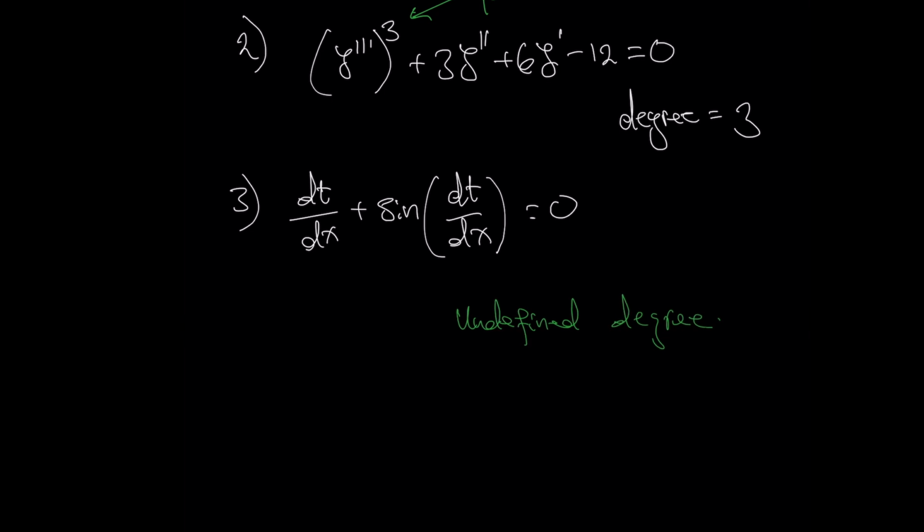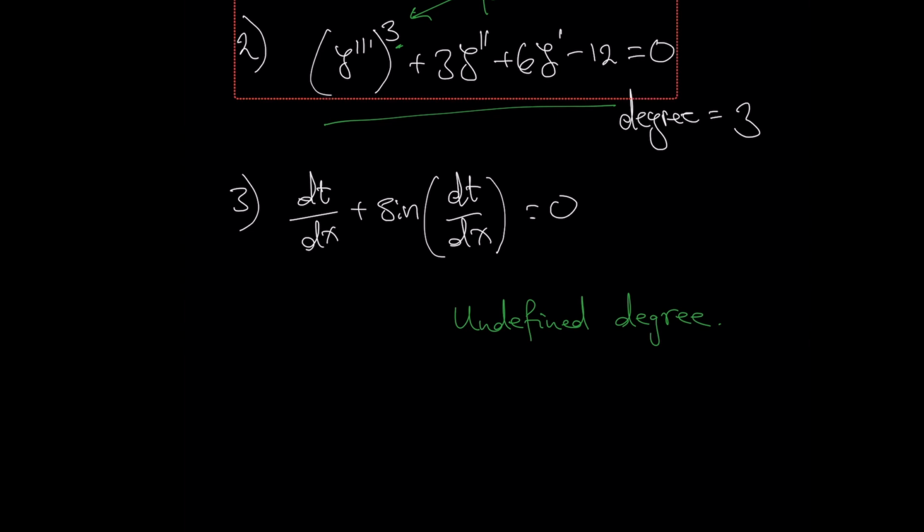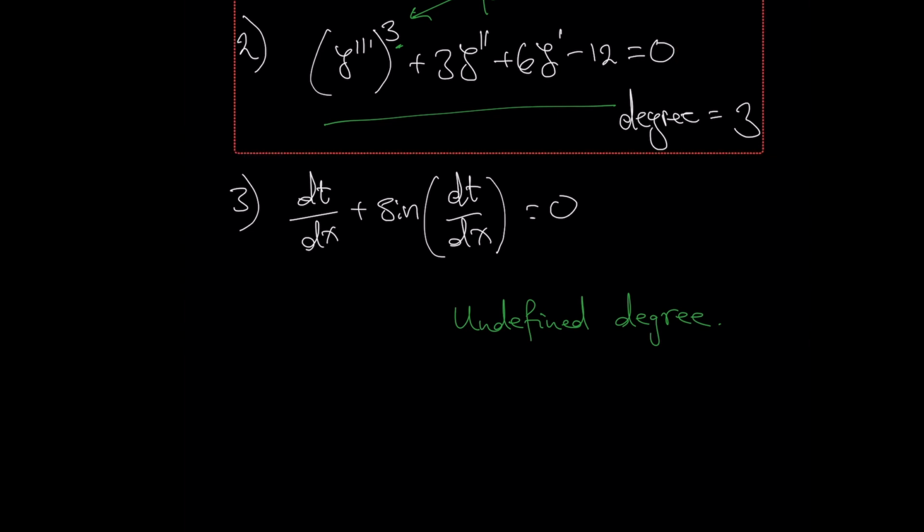because part of the definition of degree of a differential equation says that the equation should be represented in the form of a polynomial. So this one is in the form of a polynomial, you can form a polynomial, and this one does not form a polynomial.